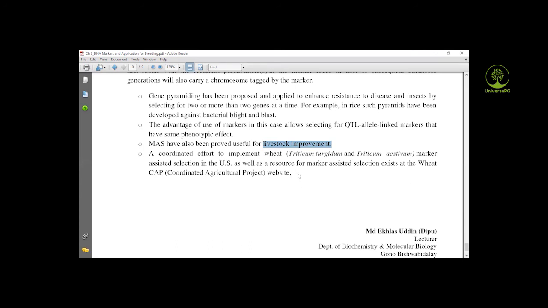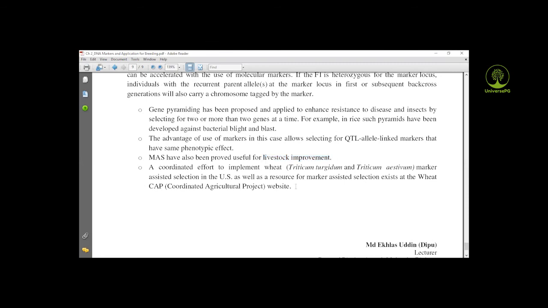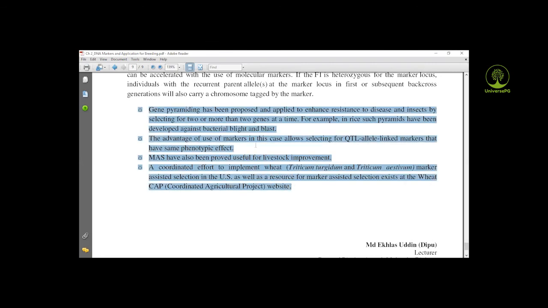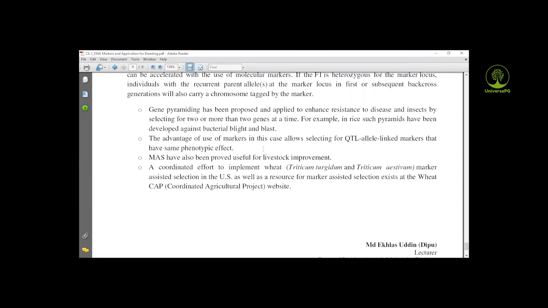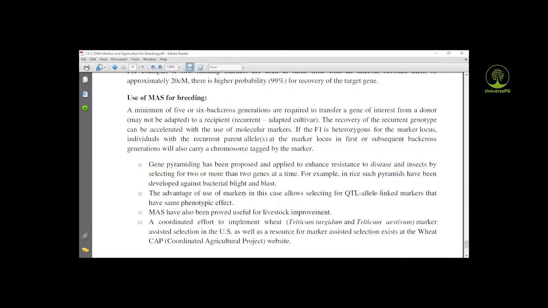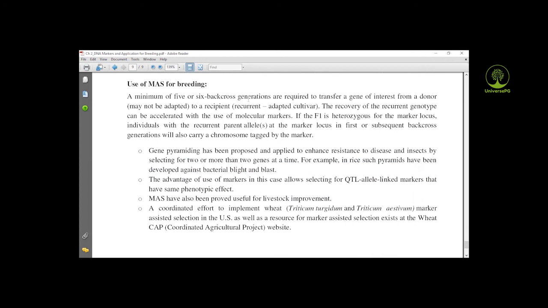This website shows different discoveries and improvements of different crops and of the agricultural field. Those are the uses of marker aided selection. So read 2 or 3 specific uses for your exam. Thank you.